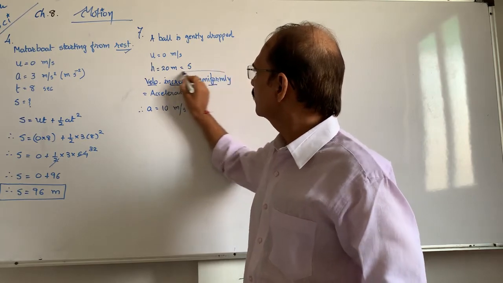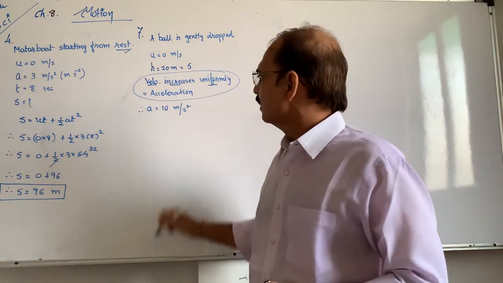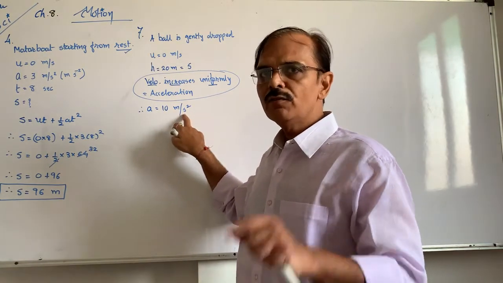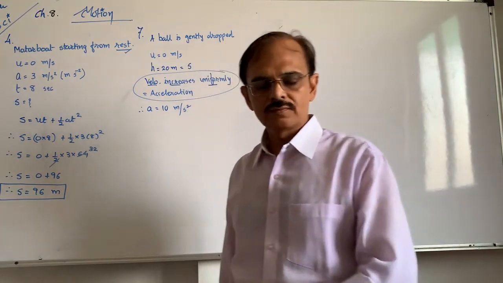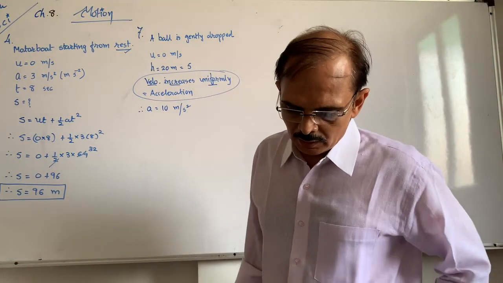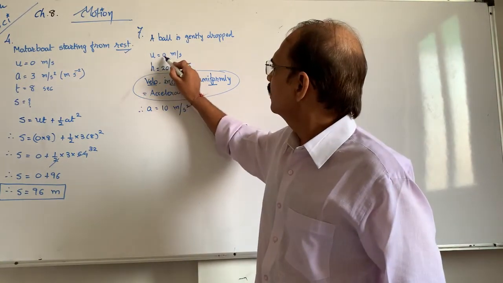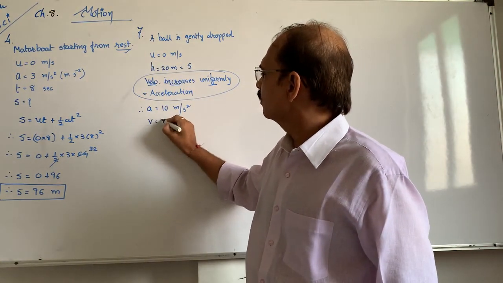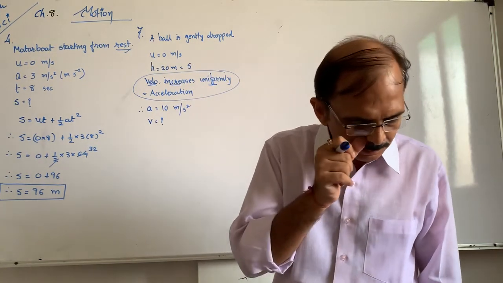If you don't understand this in the exam, then see the unit. If the unit is meter per second square, then it is always acceleration. Okay? 10 meter. With what velocity will it strike the ground? Initial velocity is 0. Find its final velocity with which it strikes the ground.